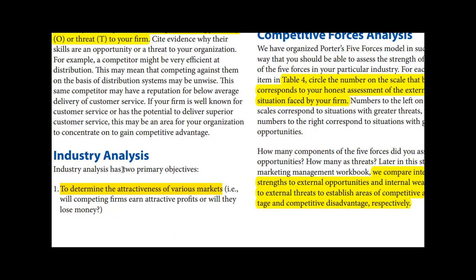These two primary objectives are to determine the attractiveness of various markets, like your current market, potential market, or your expanding market, and how these markets can be attractive or cannot be attractive for your company.